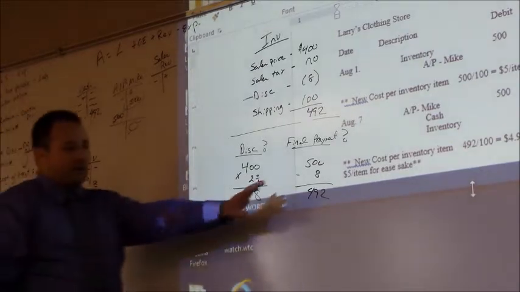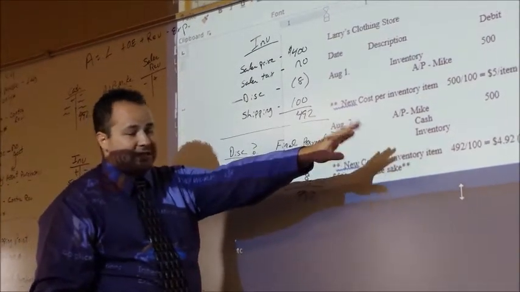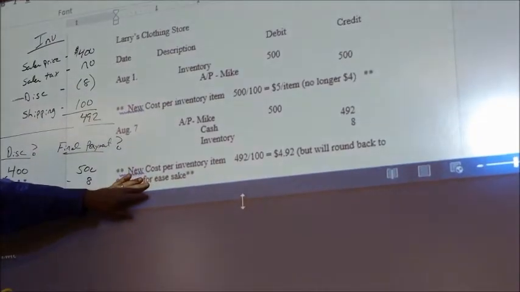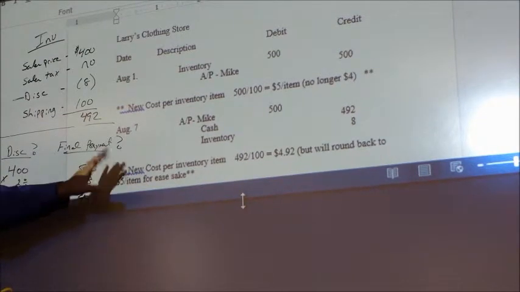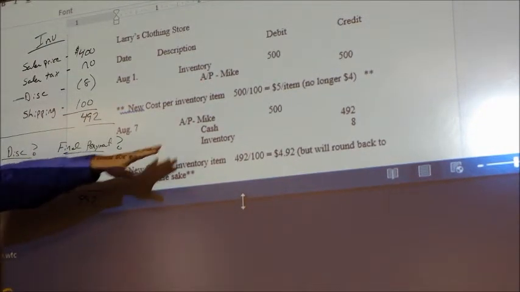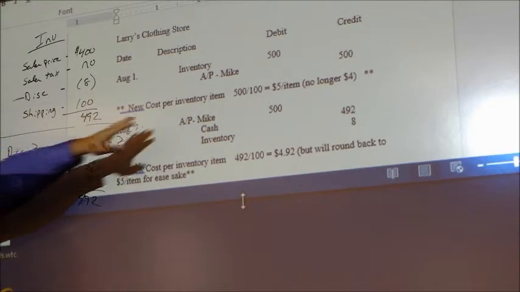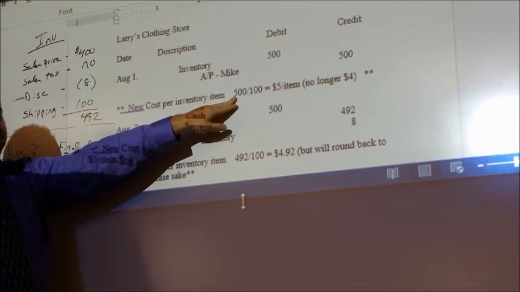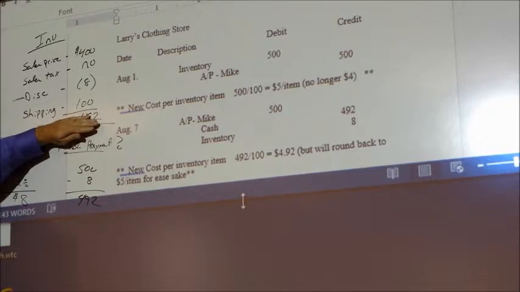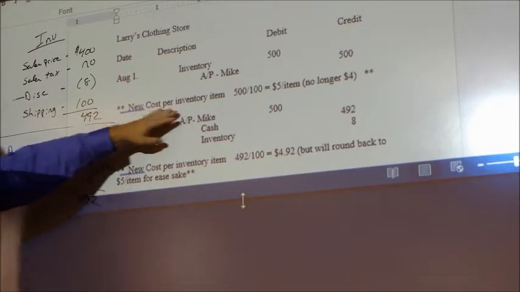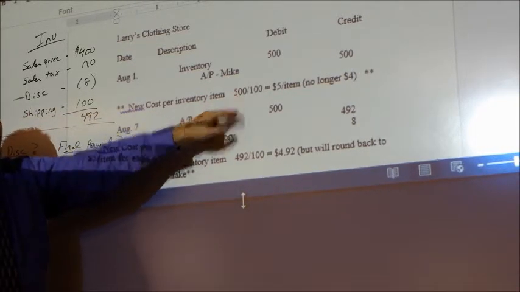Now, next week, we're going to use actual cents and do stuff like this. But for this week, to make things a little easier, notice my inventory no longer costs me $500. It originally did, but I just got a discount, $8 off of that $500.